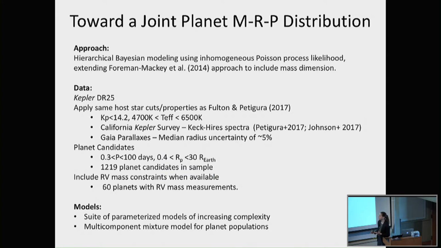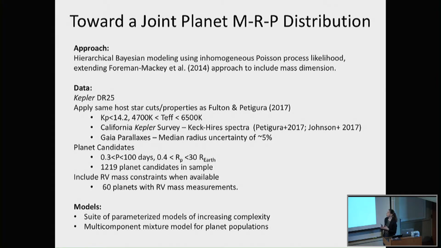To do this, we've been applying a hierarchical Bayesian modeling technique, essentially combining the approach that's been used by Dan Foreman-Mackey and collaborators and Chris Burke in a standard paper constraining the occurrence rates from Kepler, but extending their hierarchical modeling approach, which has been used to characterize the radius-period distribution of Kepler planets, to add an additional dimension of masses when the masses are available.